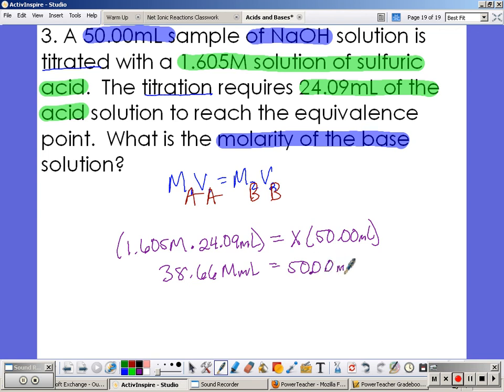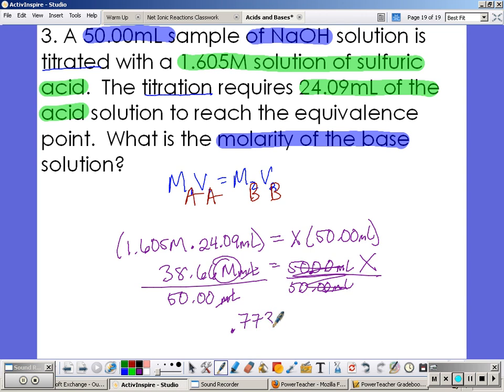So to get x by itself, we would simply divide by 50 on both sides. My milliliters will cancel out, leaving me with molar. And I would have 0.7733 molar as my answer.